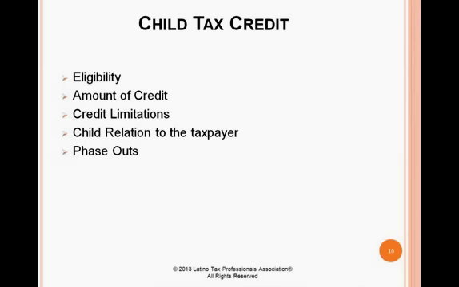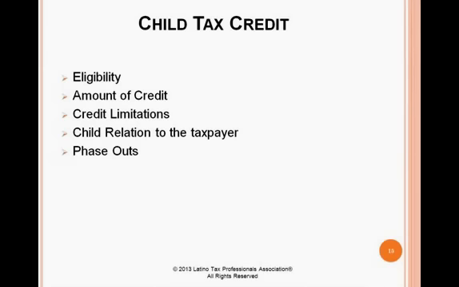So first thing to consider with child tax credit is eligibility, the amount of the credit, what credit limitations there are, the child relationship to the taxpayer, and if there are any phase-outs. And there are phase-outs. You can make substantial amount of money to the point where you don't qualify anymore for any of the child tax credit. $120,000 begins the phase-out for married filing joint, and therefore you would not get that.